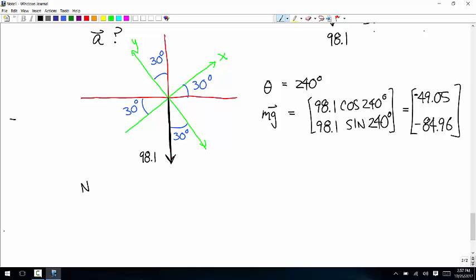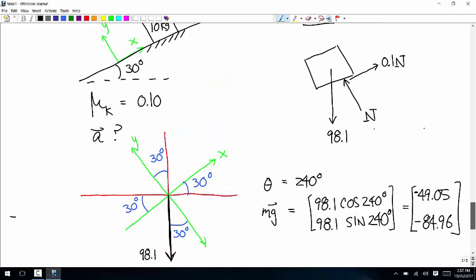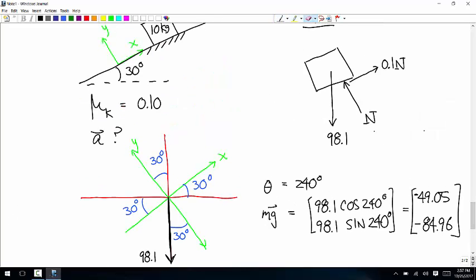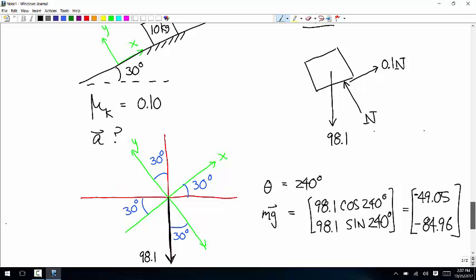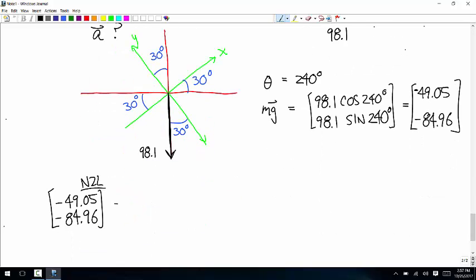Okay, so now Newton's second law. So go up to the free body diagram. We have the weight force that's now this sort of complicated thing. We have the normal force that is just always going to be 0, n.